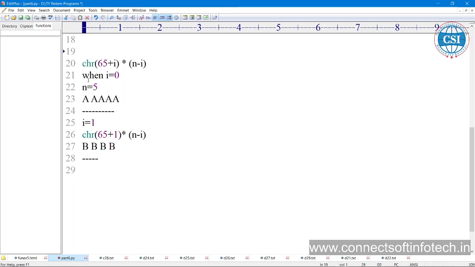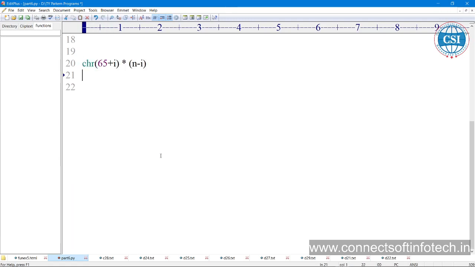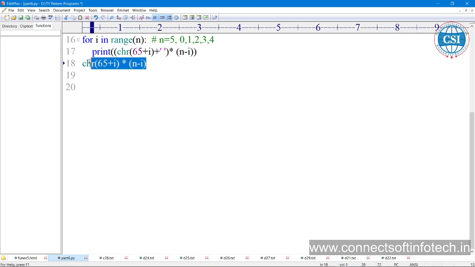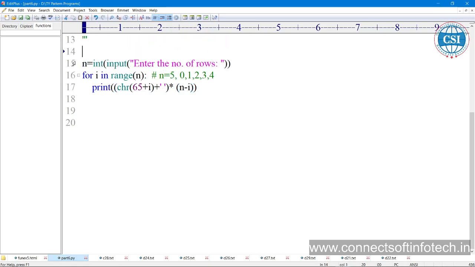The logic is chr of 65 plus i. Let us check this one.